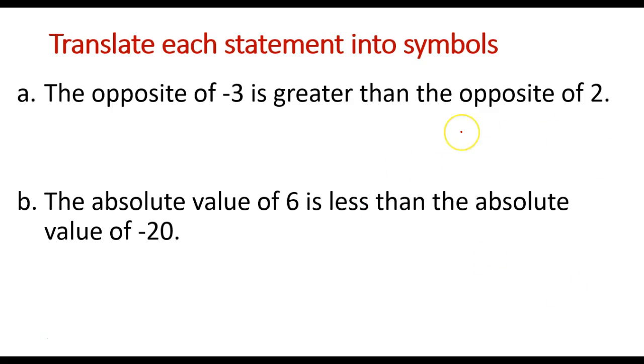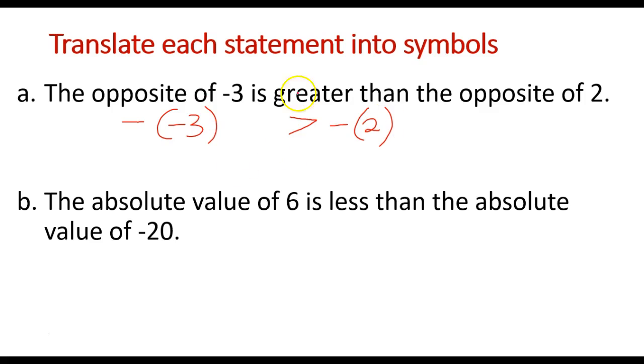Okay, translate each into symbols. The opposite of negative 3 is greater than the opposite of 2. Okay, we hear the word greater, so make a symbol. For the word opposite, we use the negative sign. So we read it, opposite of negative 3 is greater than opposite of 2.